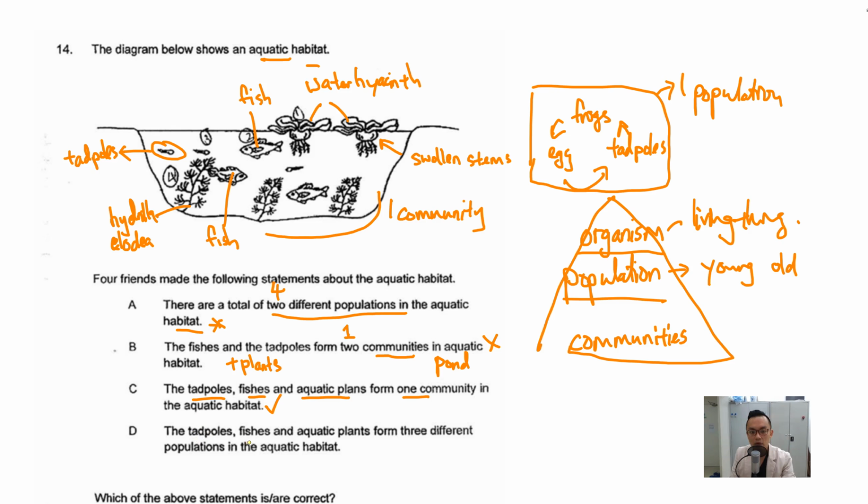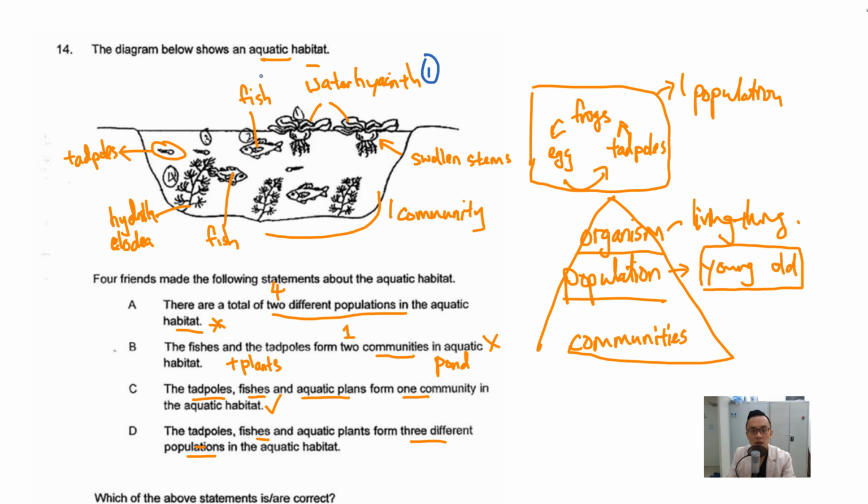The tadpoles, fishes, and aquatic plants form 3 different populations in the aquatic habitat. Again, a population is the same kind that includes the young and the old. Let's count the number of populations. Water hyacinth is 1 population.